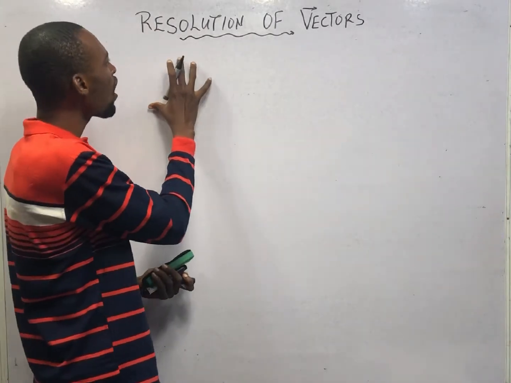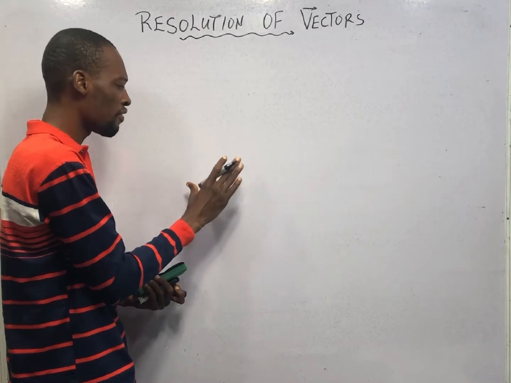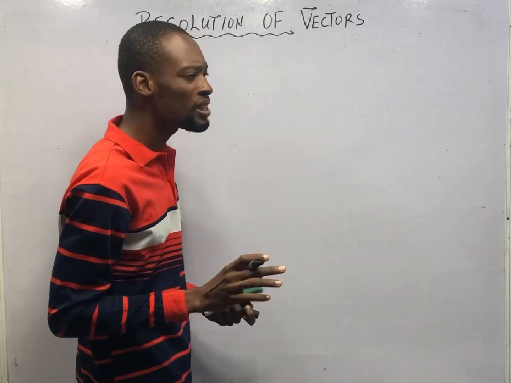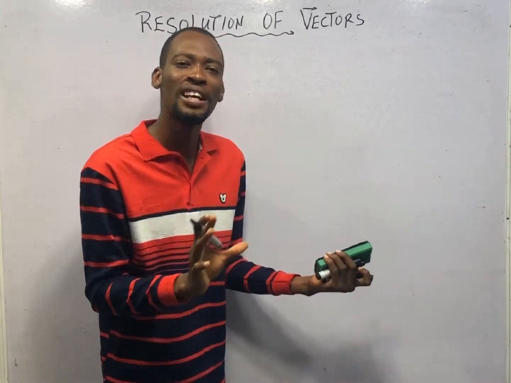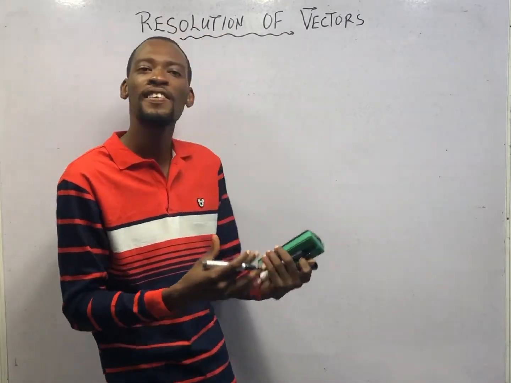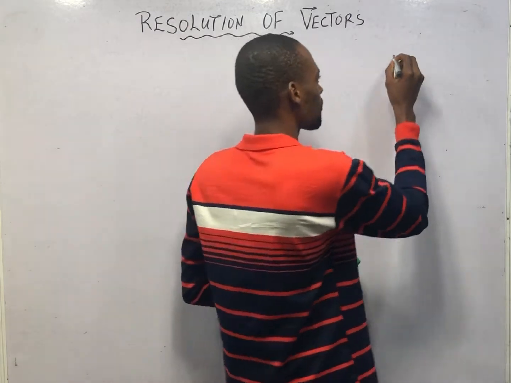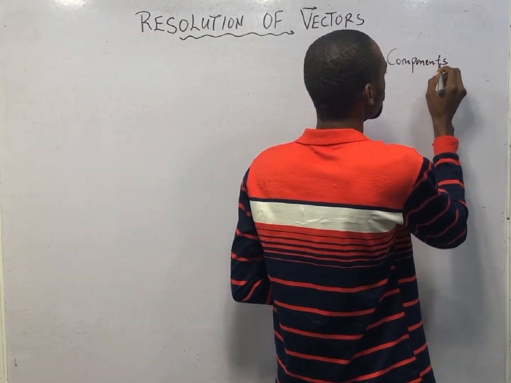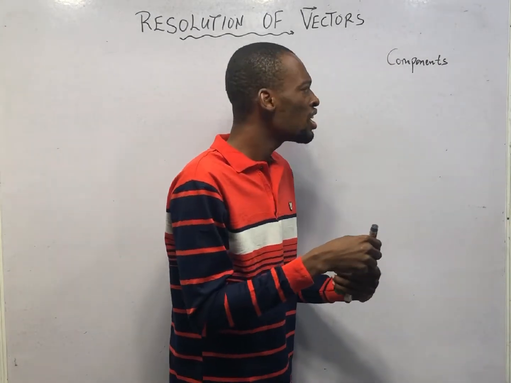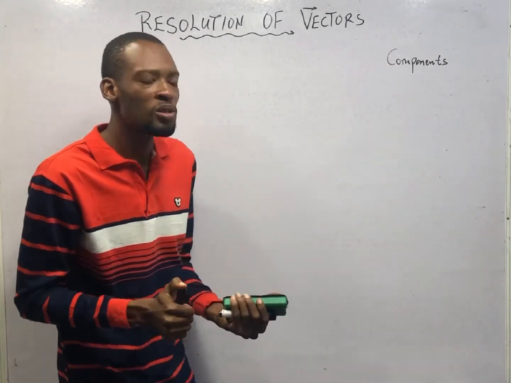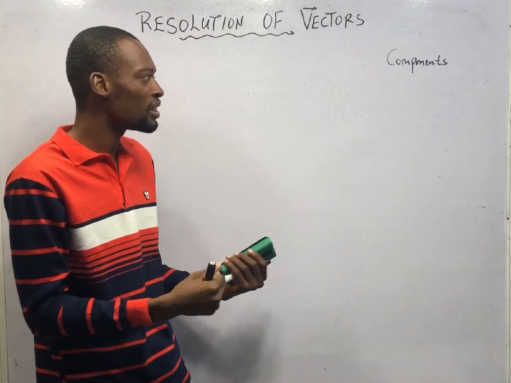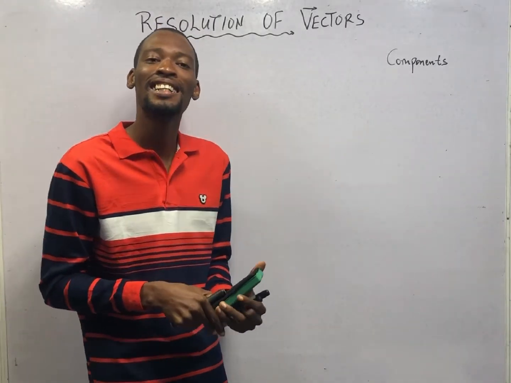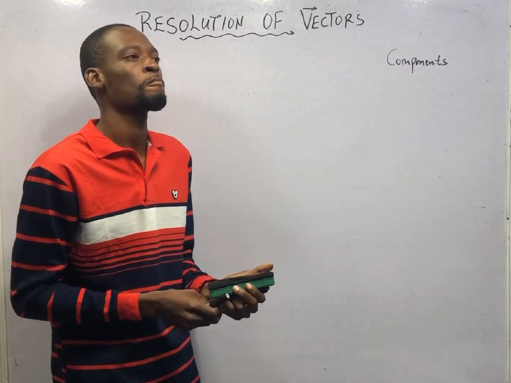Now, what does it mean to resolve vectors? Resolving of vectors simply means splitting of vectors into various parts or components. If we are splitting vectors into various parts or components, it simply means that vectors have parts and they have components.